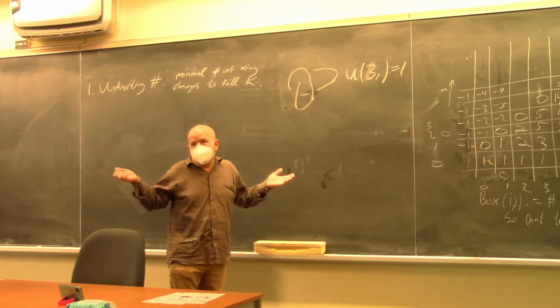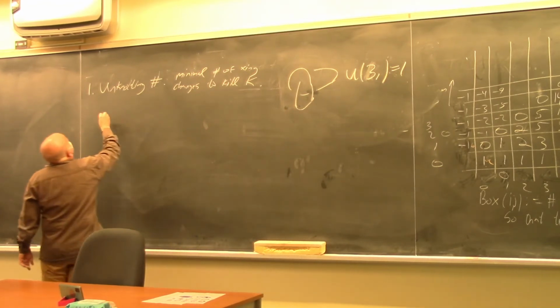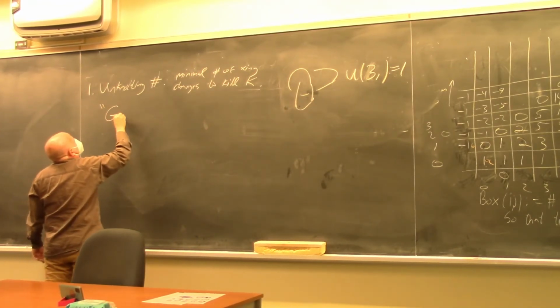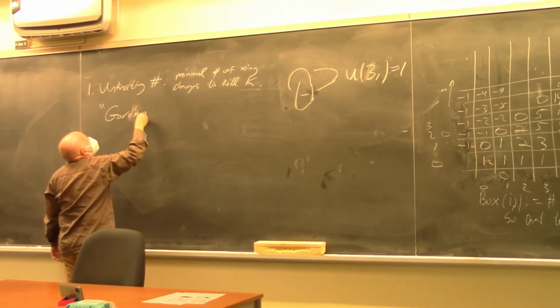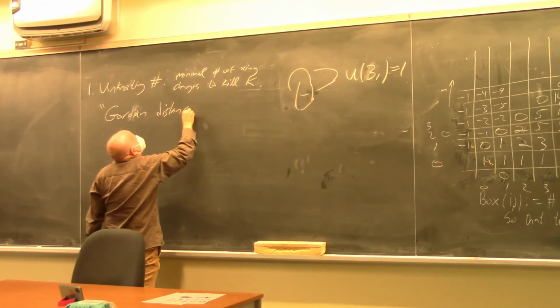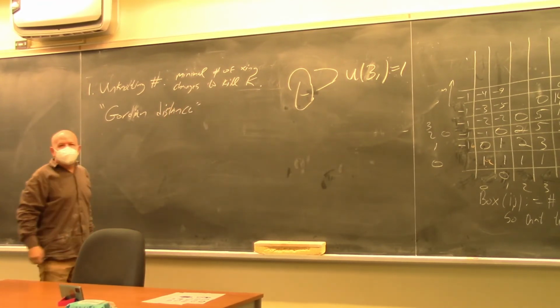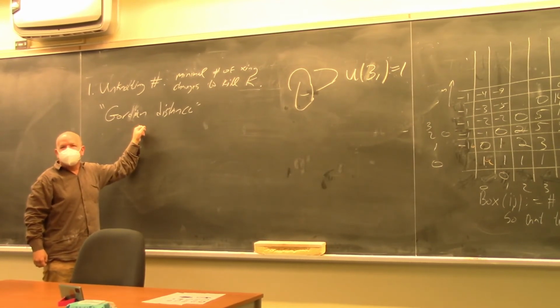Okay, what's the unknotting number of a general knot? A related thing is the so-called Gordian distance. The naming is a bit funny. I don't know if you know the story of the Gordian knot.